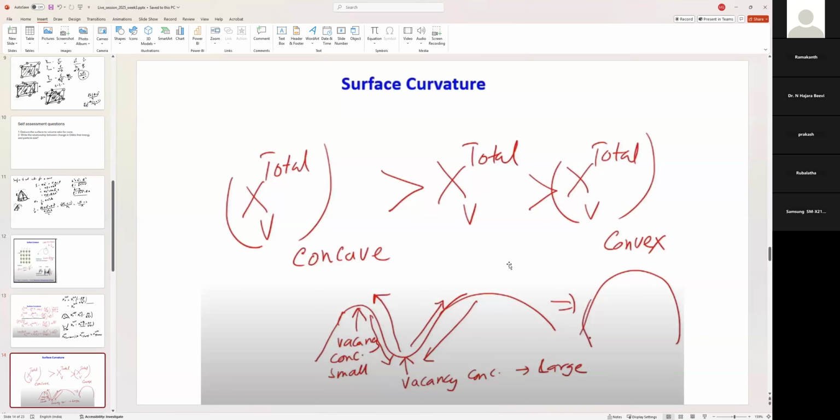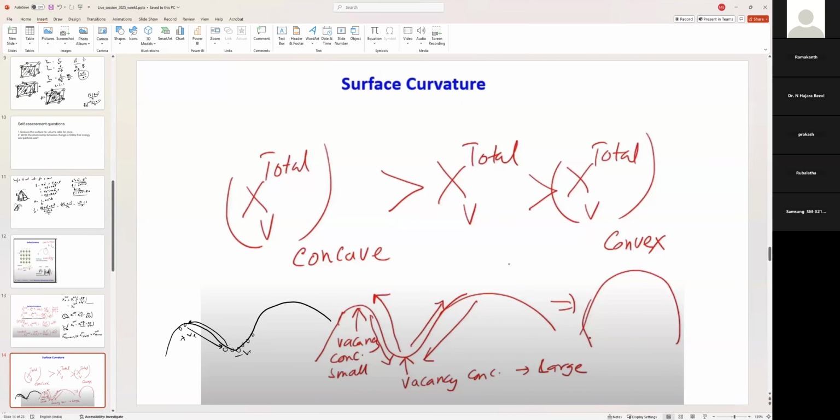So what happens due to this is, suppose this is the surface of your particle. This is your concave surface, so negative. This is your convex, positive. So your vacancy concentration is highest here, a lot of free vacancies compared to here where only a few vacancies exist. What will happen due to diffusion? You can assume vacancies are diffusing, or atoms are diffusing to these vacant sites.